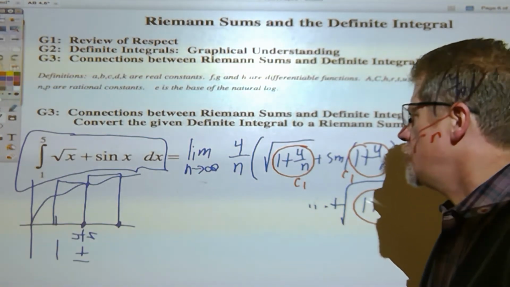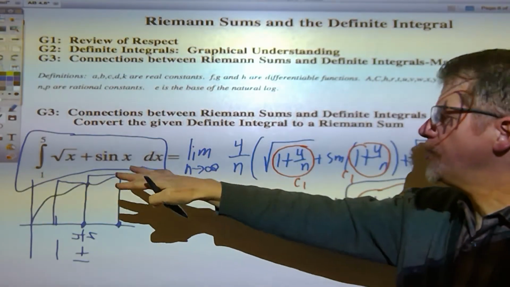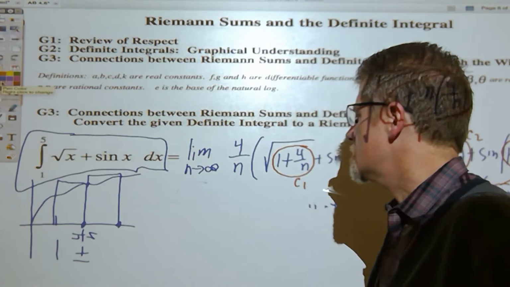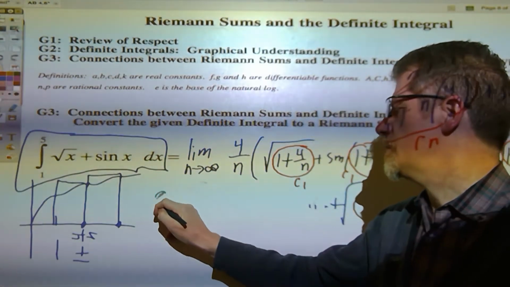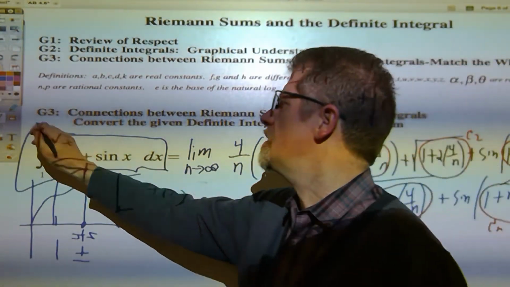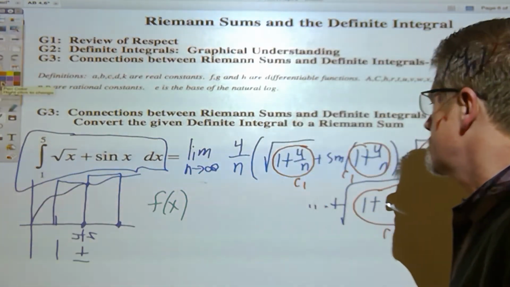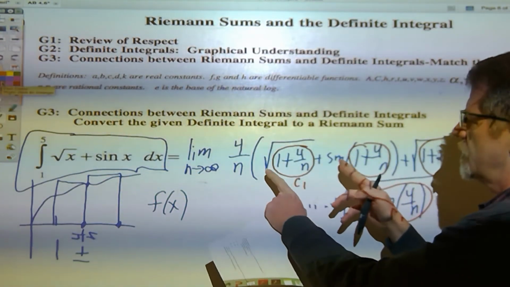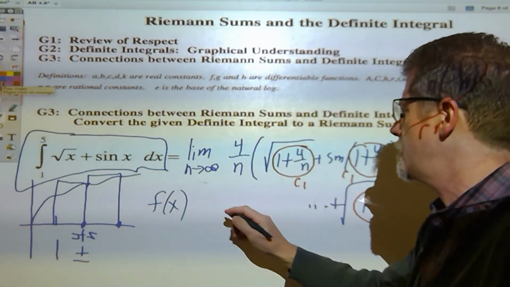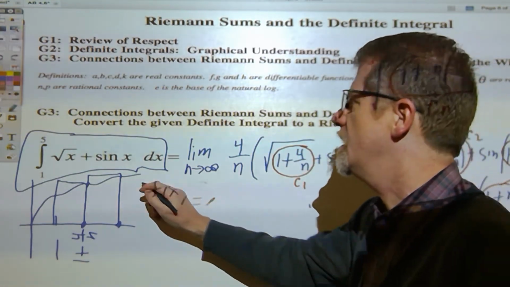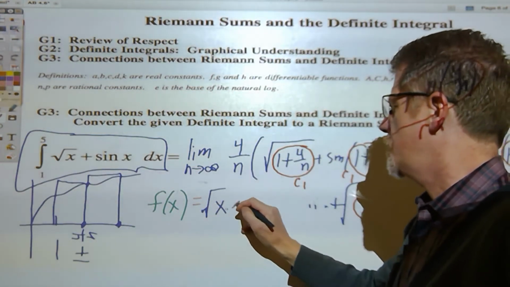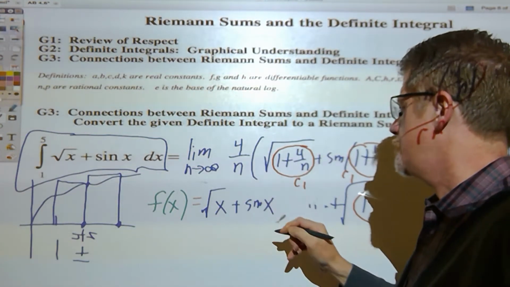So you need 3 things to reverse engineer the limit of a Riemann sum. The first is a function, and in this case we can tell that the function has inputs of whatever the golf balls are, and look around the inputs to find out what the function is. It looks like we're taking the square root of an input plus the sine of an input.